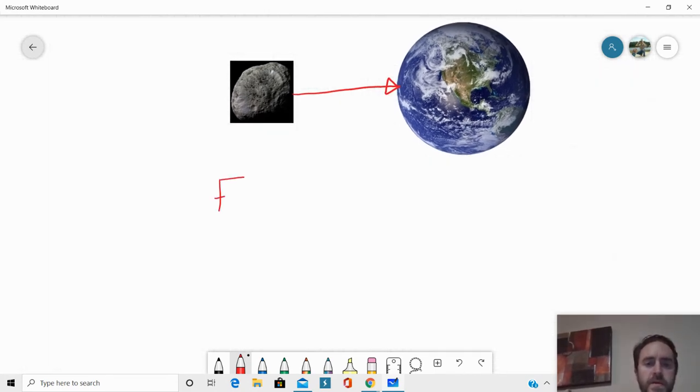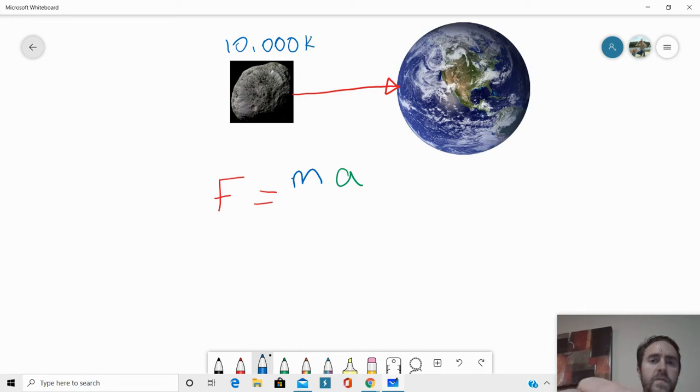So I'm going to say F equals ma. Force equals mass times acceleration. Say you can calculate the mass of this thing just by its size and what it's made up of, and we're going to say its mass is 10,000 kilograms.